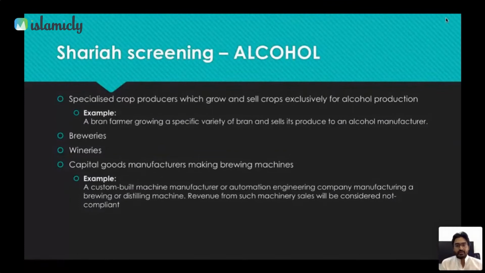If a bottle manufacturer manufactures a bottle of standard configuration that is bought by an alcohol manufacturing unit and used to sell alcohol, the bottle manufacturer does not become non-compliant, because he's not changing his product. He's just selling it, and as long as he doesn't have control over who buys his product, he's compliant. If he has a specific contract to sell these bottles to an alcohol manufacturer, then that revenue also becomes non-compliant. So it is this level of detail that goes into screening for companies at Islamicly.